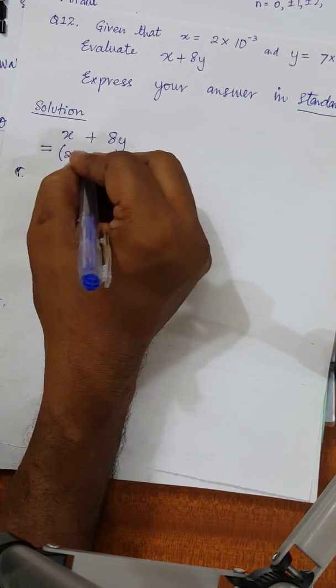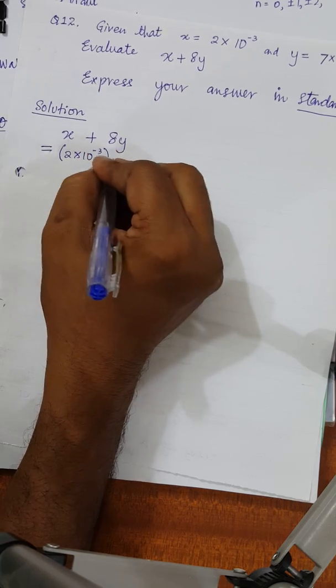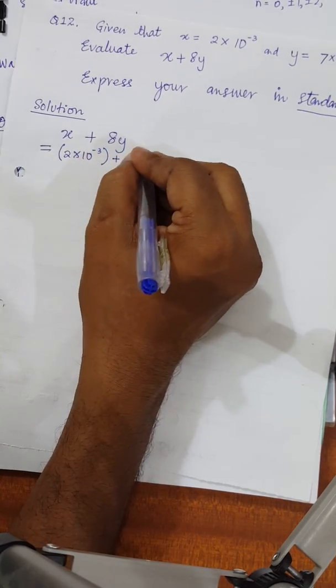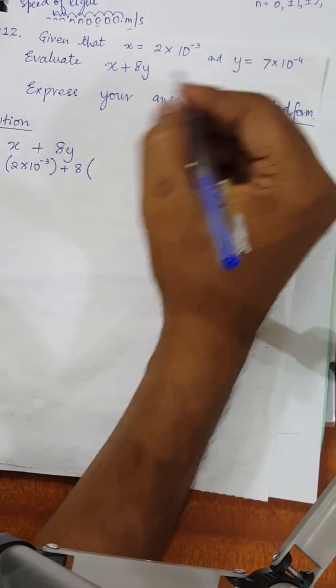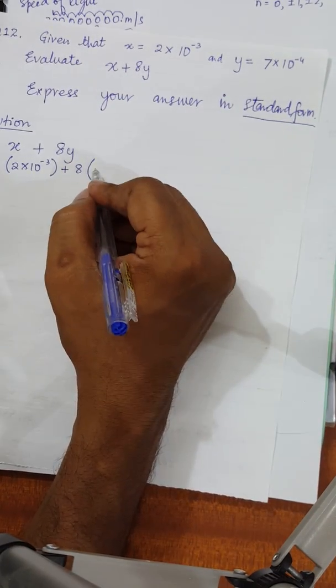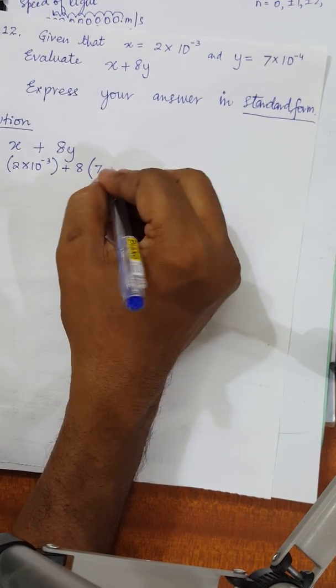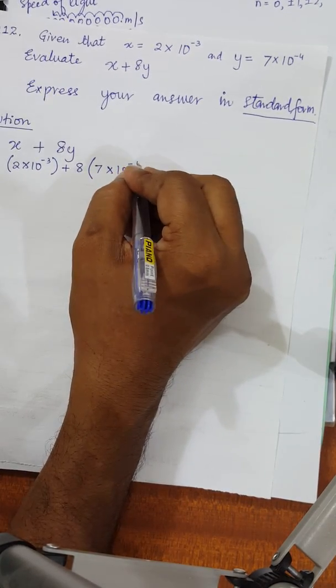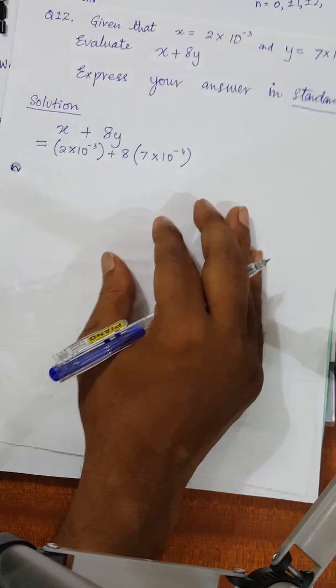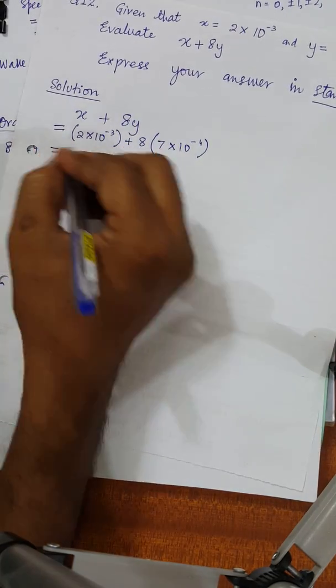Let's write that value. 2 into 10 raised to the power minus 3 plus 8 multiplied by y, the value of y is 7 into 10 raised to the power minus 4. So 7 into 10 raised to the power minus 4. Now, first of all, we'll try to open the brackets.